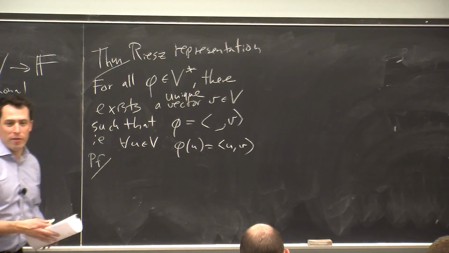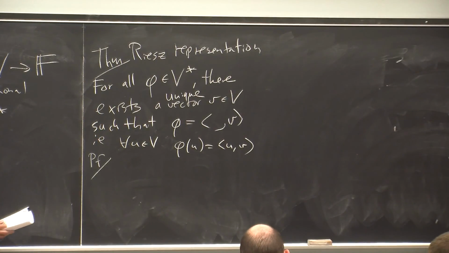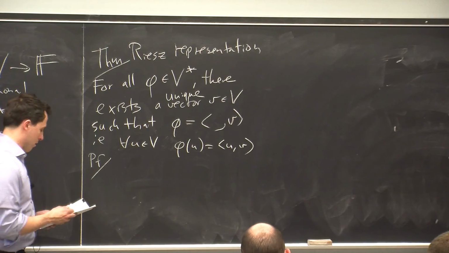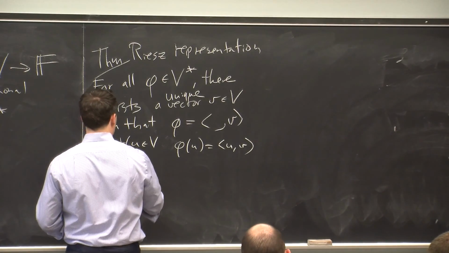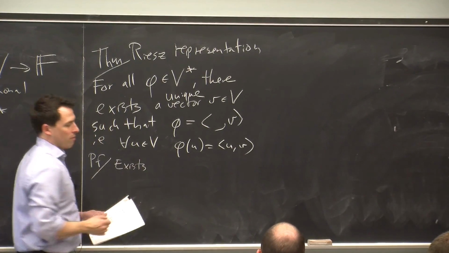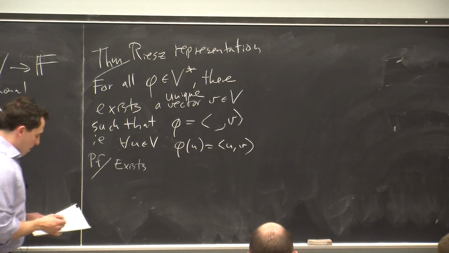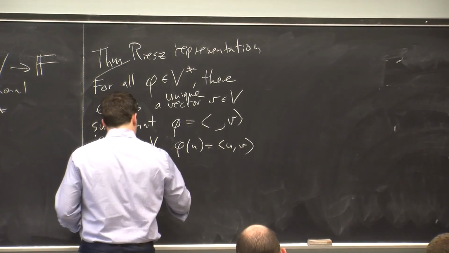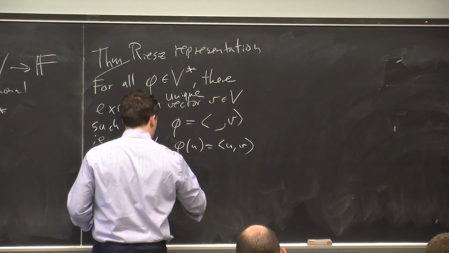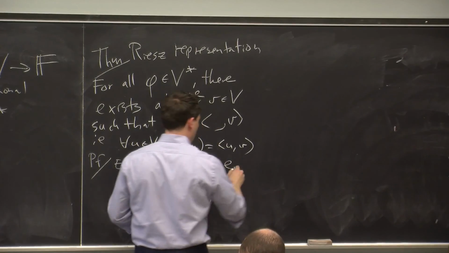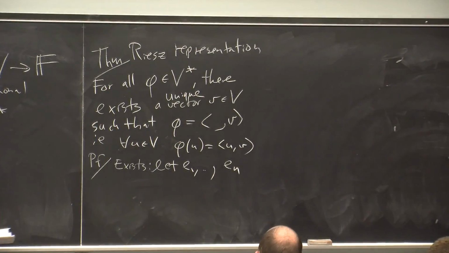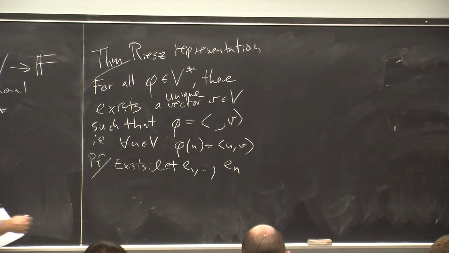So to prove it, we want to first prove that such a thing exists, and then we'll show why it's unique. So to prove it exists, that is, there is such a v that represents it, let's choose an orthonormal basis. V is an inner product space. We've talked about how we can construct an orthonormal basis.